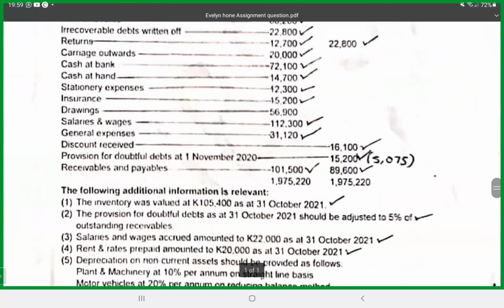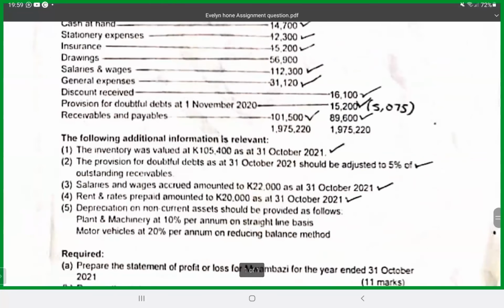This one is for reducing balance method. The percentage you're given here, the 20% in additional information number 5, if it's on a reducing balance method, you have to calculate it on the net book value.